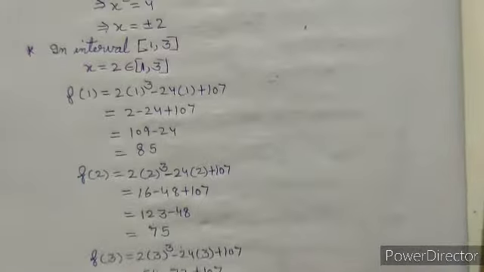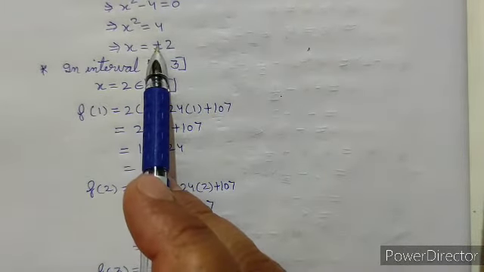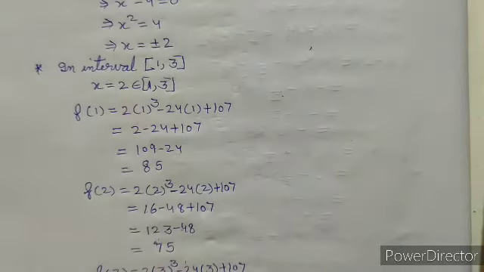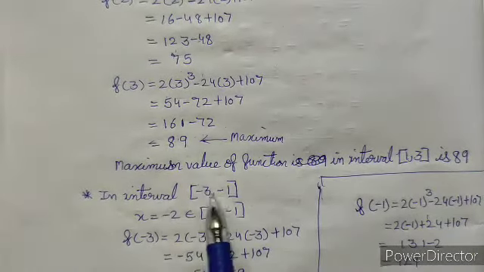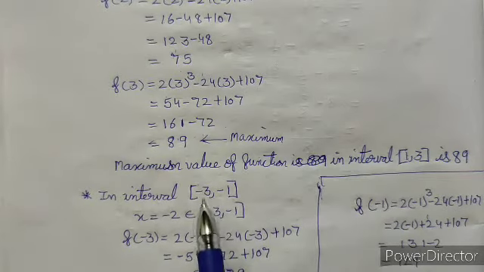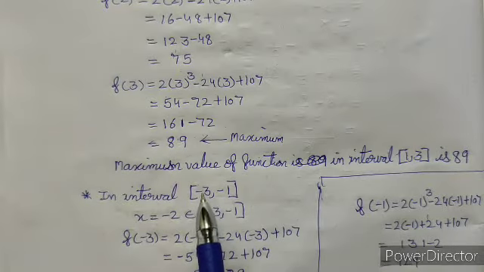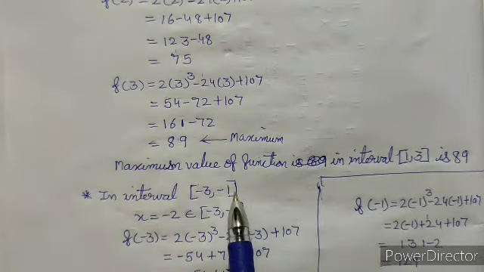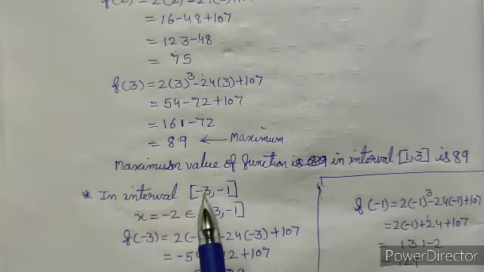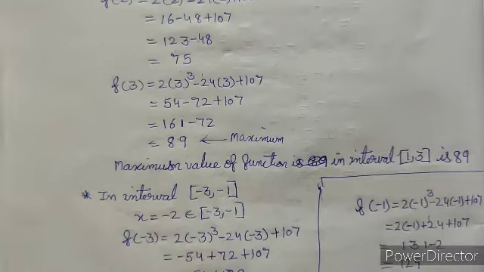As here we have obtained two values of x, one was plus 2 and the second one is minus 2. Now minus 2 lies between minus 3 and minus 1. So in order to find the maximum value of the function in the interval from minus 3 to minus 1, we will find the value of the function at the points minus 3, minus 1 and minus 2.